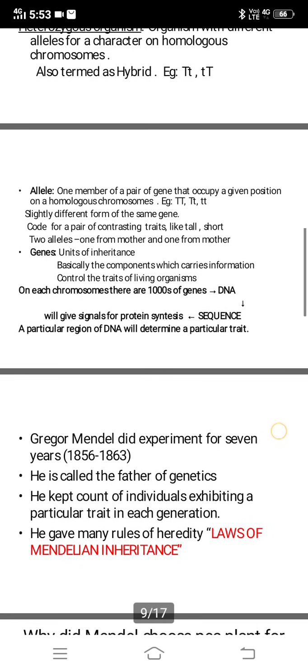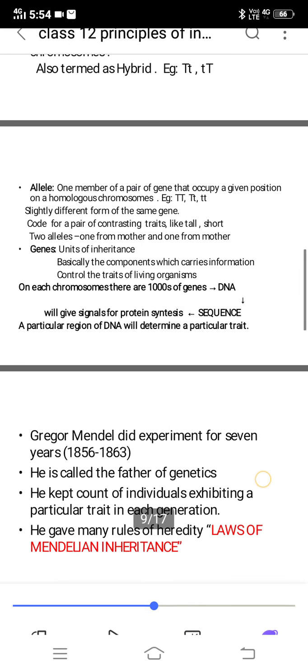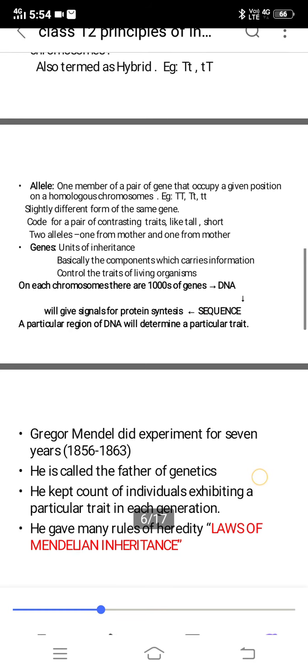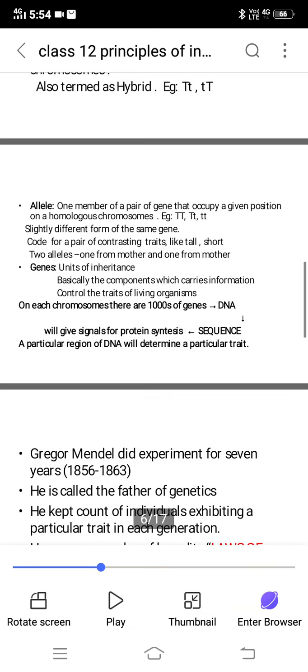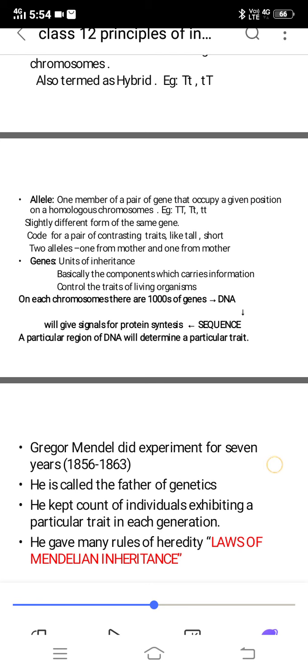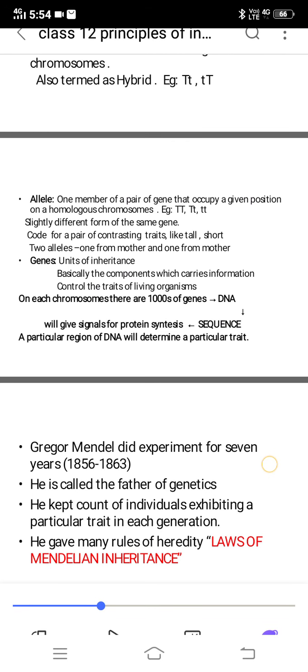Now who was the person who did all these experiments on inheritance and genetics? That was Gregor Mendel. He did experiments for 7 years on peas, and he's called the father of genetics. He kept a count of individuals exhibiting a particular trait in each generation.